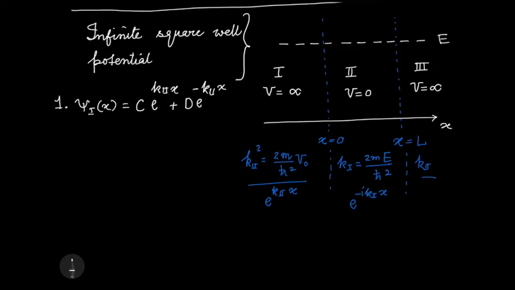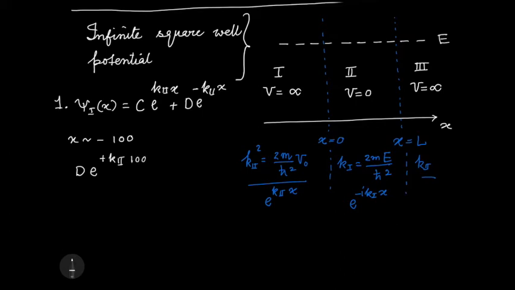Now remember that psi x has to be finite everywhere. Let's say in region 1, x is always negative. Say x is minus 100. Then what is D e to the power minus K2 times x? This is this times 100.